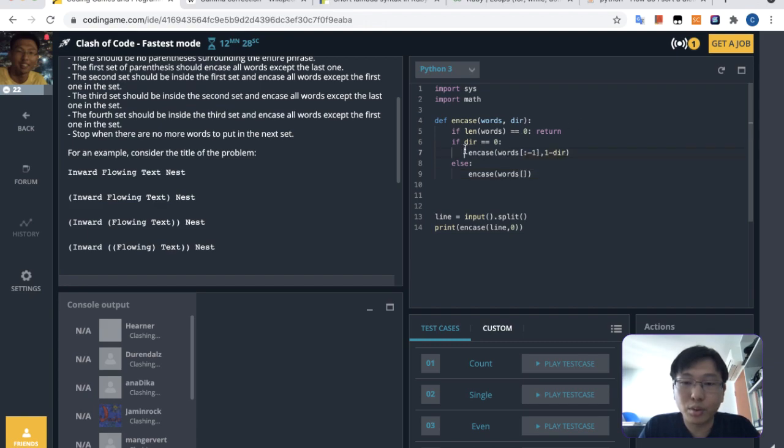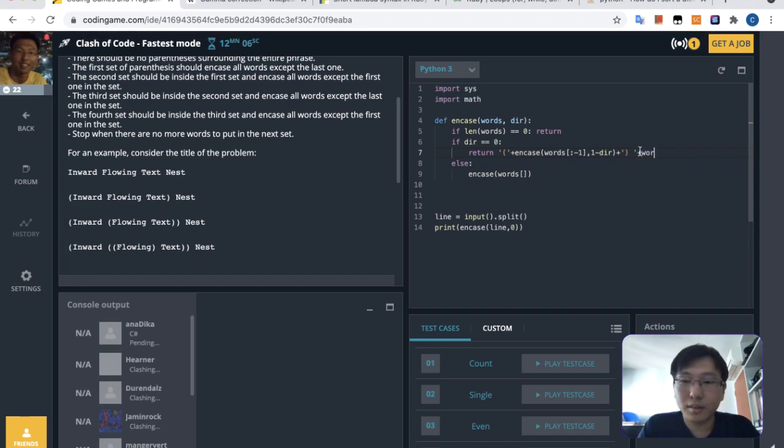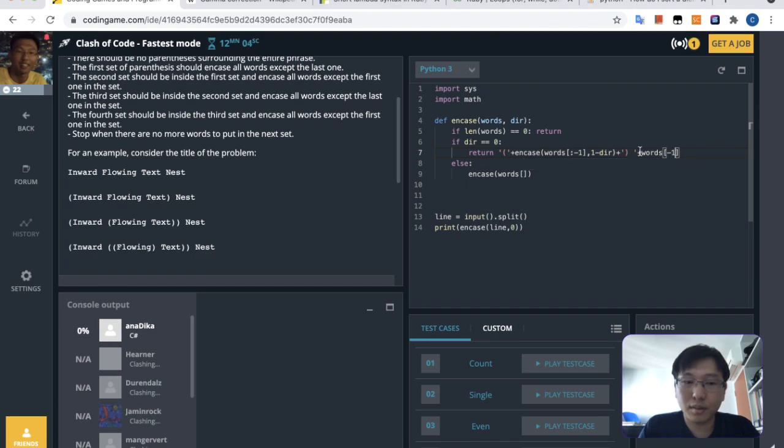Okay, so we need to return this bracket plus this encase words direction plus another bracket over here, plus a space. Actually, I might as well do the space here. If not, we will return encase words.